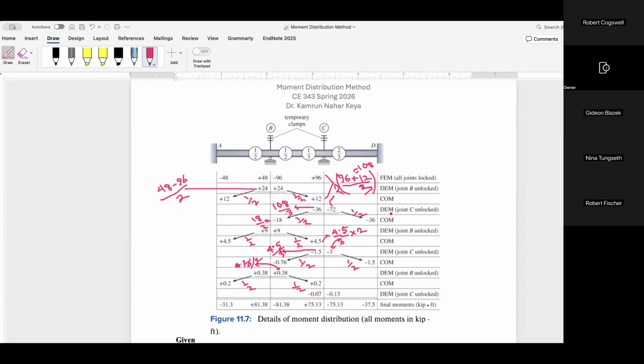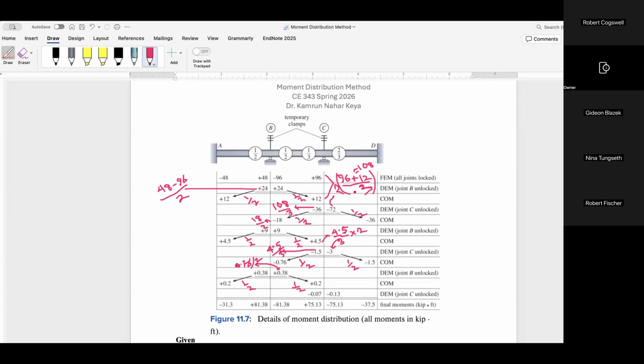And what we will do, we now focus on joint C. So for joint C, here we have 96, here carry over 12, 96 plus 12 and multiply with the distribution factor. Did you see that I did exactly the calculation?